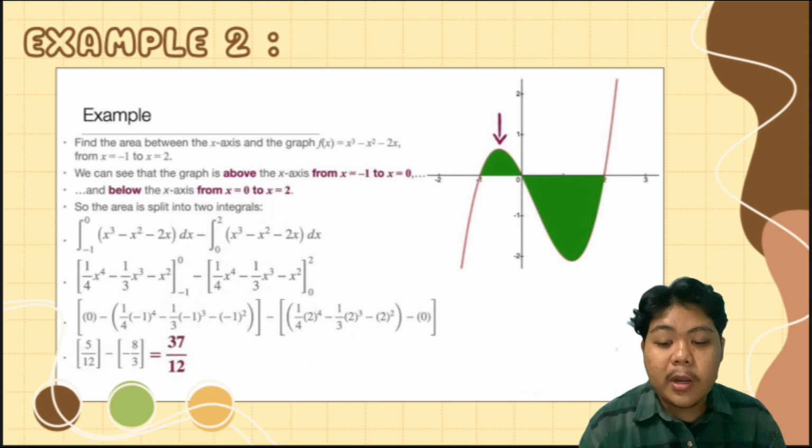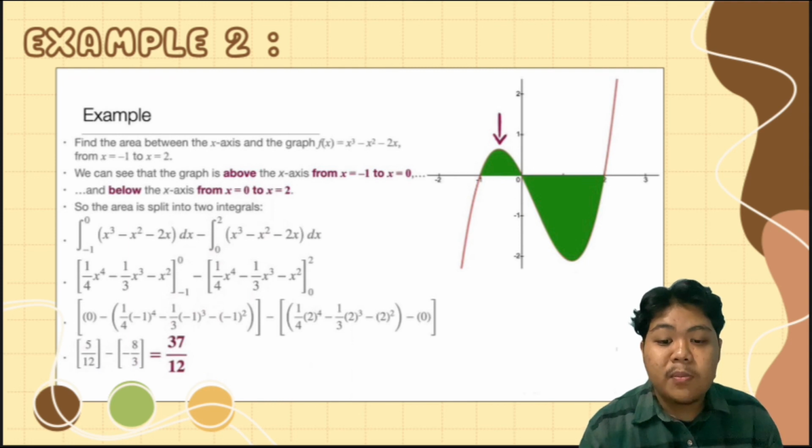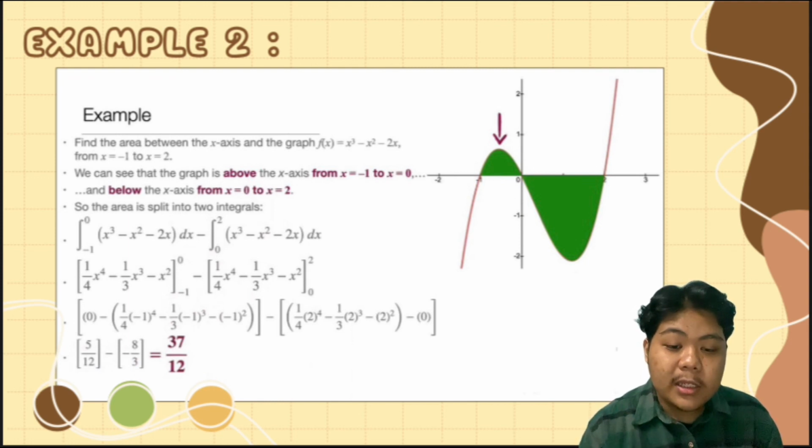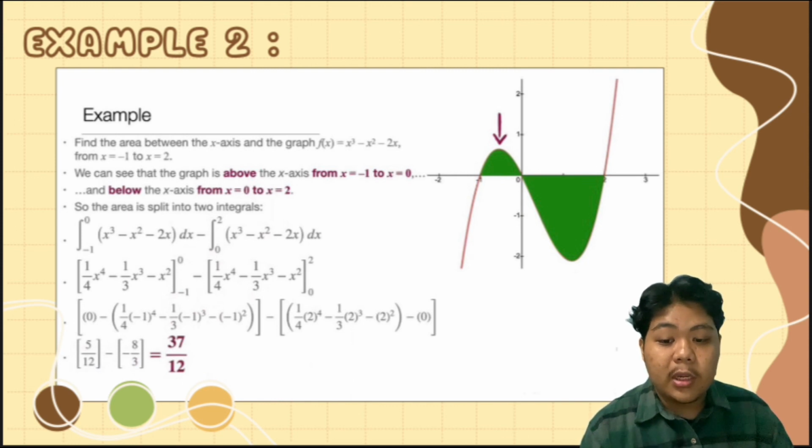As you can see from the answer, we write the upper graph, which is from -1 to 0, and put the f(x) into the formula, and minus the lower graph, which is from 0 to 2, and also put the f(x) into the formula.